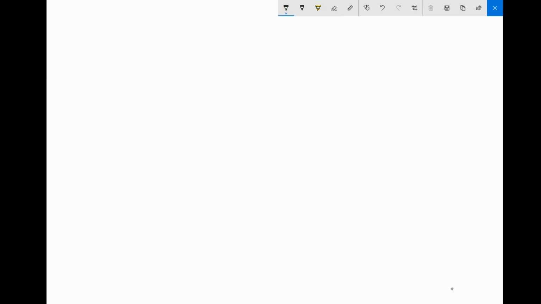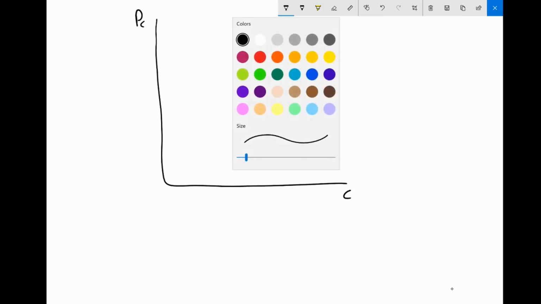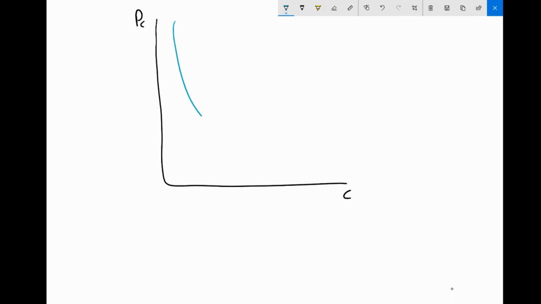Now I could just plot those two different demand functions to give us an illustration of what it would look like. So here's coffee, price of coffee. All right, light blue here, this is going to be the demand curve for coffee. That means uncompensated. And then this purple is going to be the compensated.